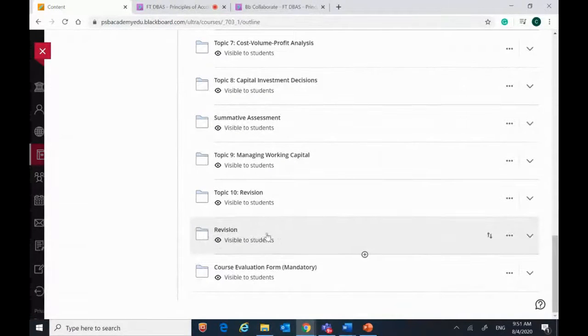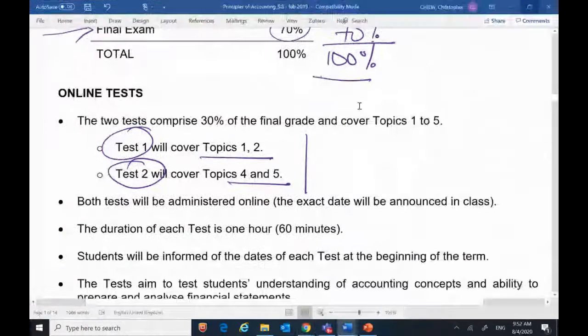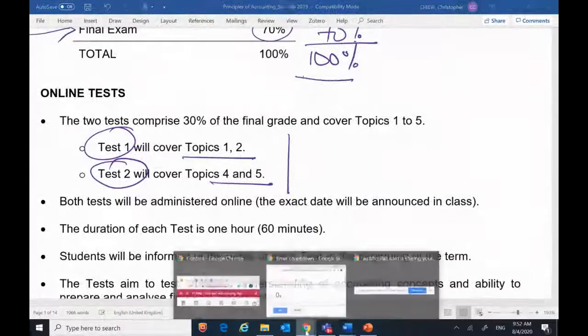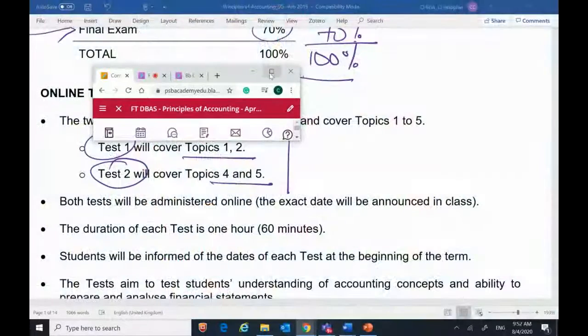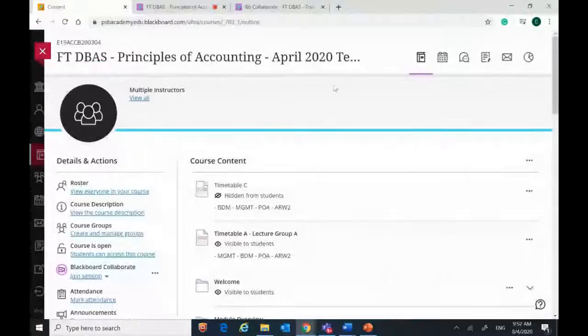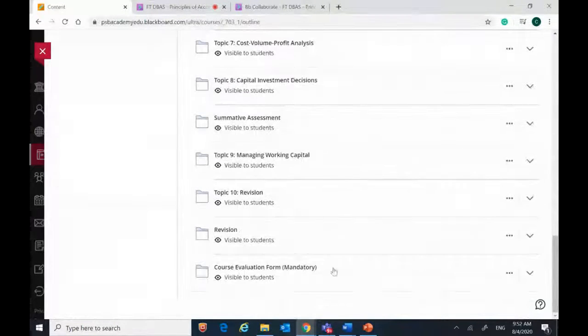Can you see it? One more time, let me show you. If you scroll all the way down, you can see this folder called revision.